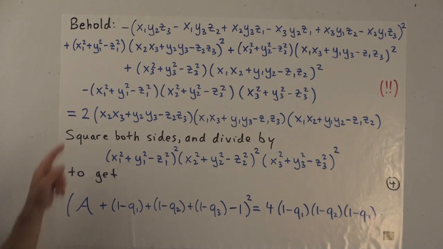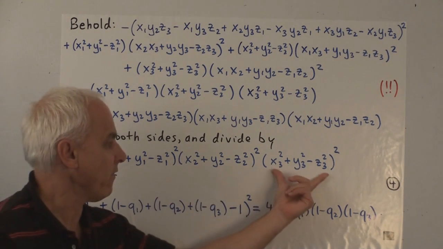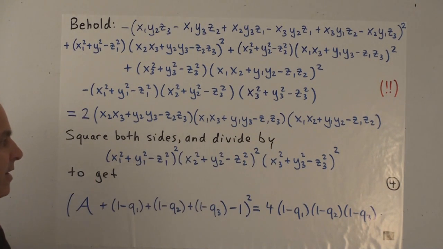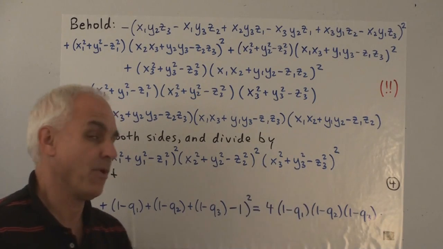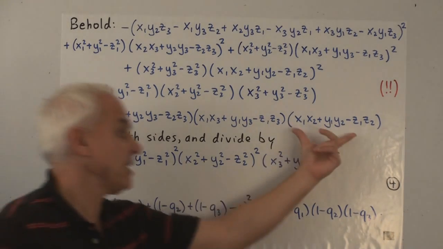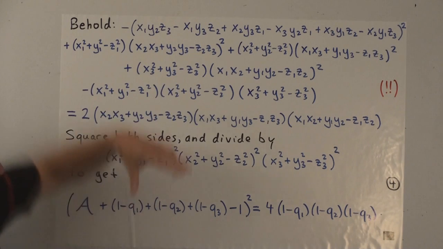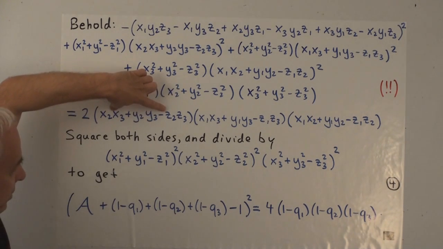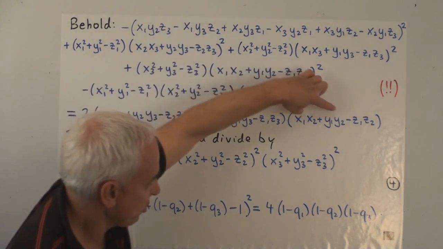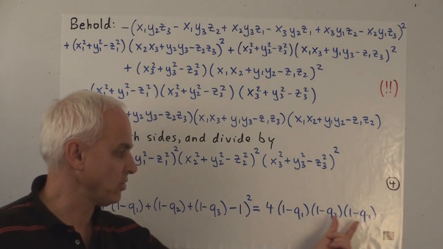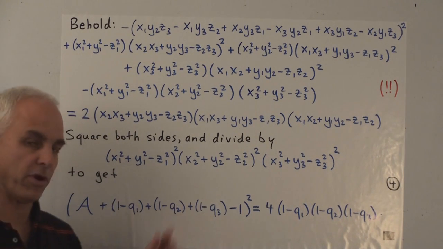Well, that's the same as this thing squared times one of these and one of those, times this thing squared divided by one of those times one of those, times this squared times one of those times one of those. And those three terms, one with this numerator, one with this numerator, and one with this numerator, all squared, give us exactly these terms, 1 minus q1, 1 minus q2, 1 minus q3. Exactly the same things that were occurring over here.